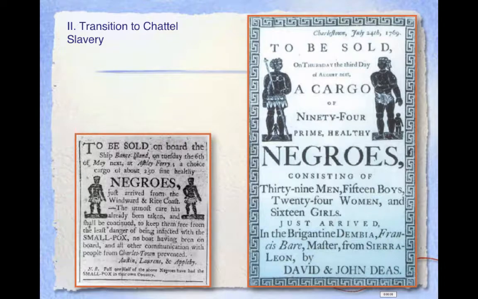Chattel means movable property. In the U.S., we often refer to slavery, but the more appropriate term is chattel slavery. Slavery existed in Europe for thousands of years, but as practiced, early slavery overlapped with indentured servitude. A slave was not a piece of property. Instead, they were unfree labor.